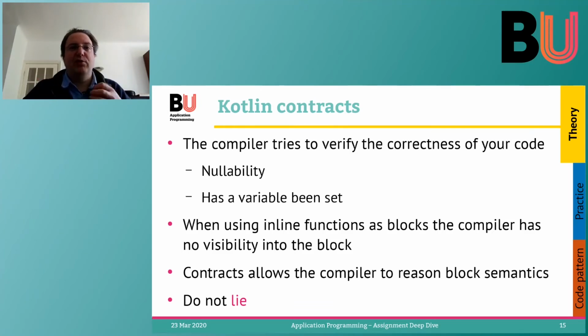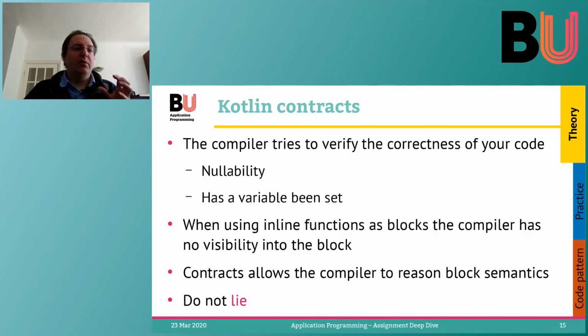They are also there to help so that with a function such as string.isNullOrEmpty, if that returns false, the compiler then knows that the string value is never going to be null. Without contracts, it doesn't know at the compiler level that the value wasn't null. It just has a true or false value, but we don't know what it means.